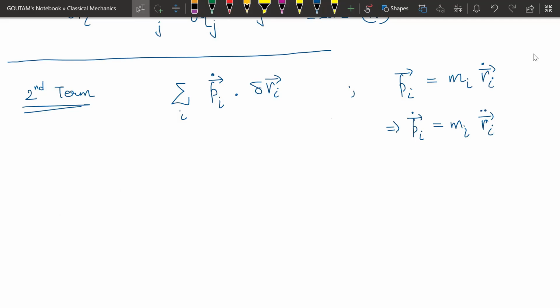So this term will be the sum over i of mi Ri double dot dot delta Ri.